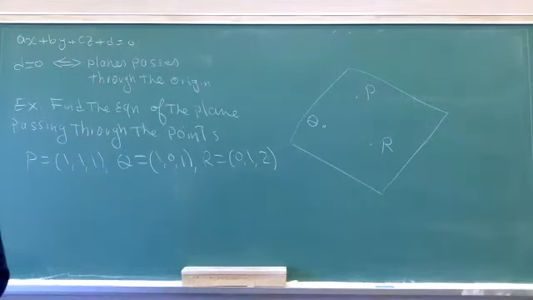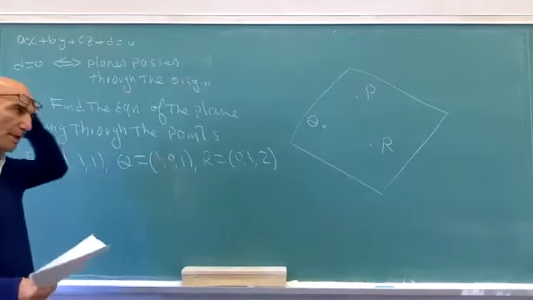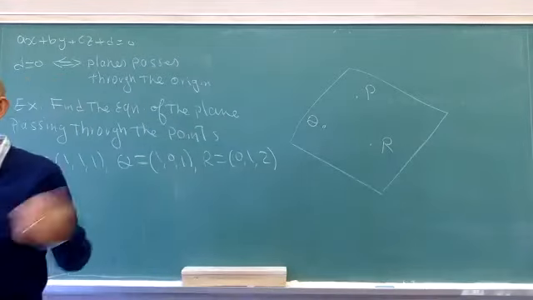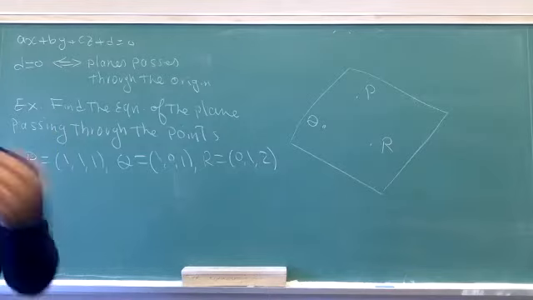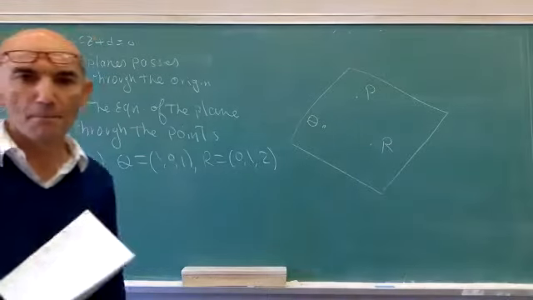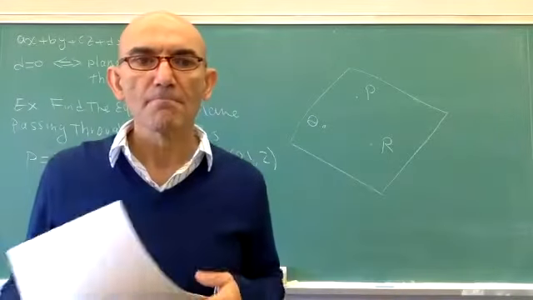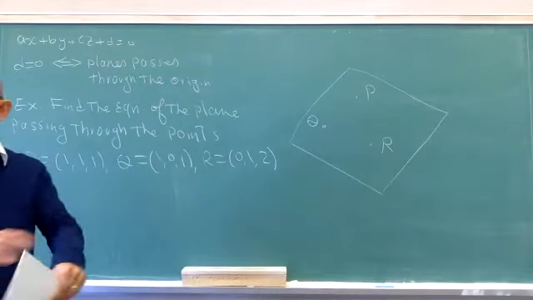Okay, so how do we proceed with solving this problem? This is not given the way that we were introduced the equation of the plane. This is given in a different form. But how can we bring it to that form and then solve the problem? The normal vector is orthogonal to the plane.